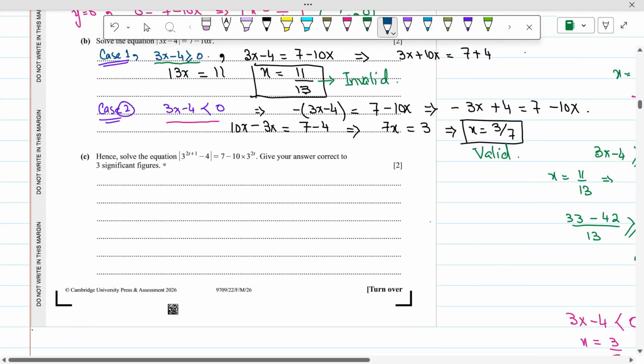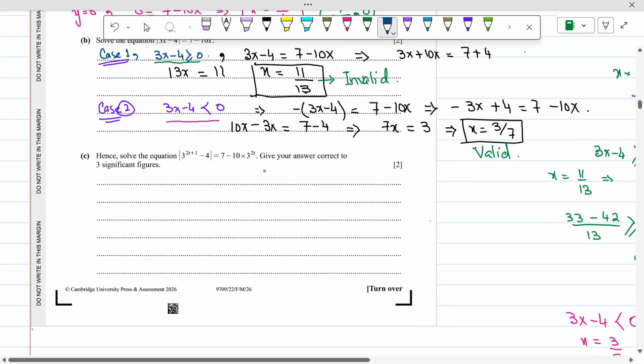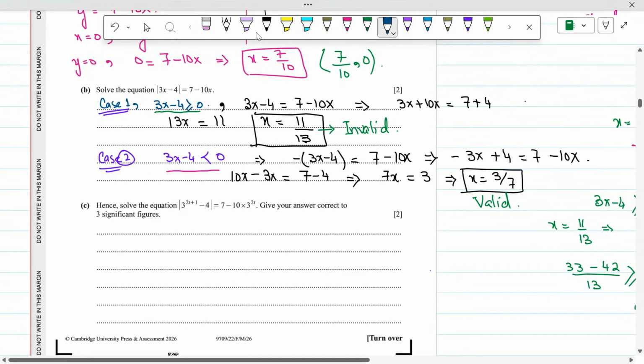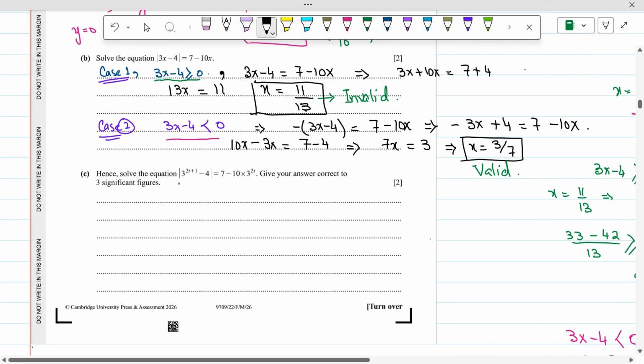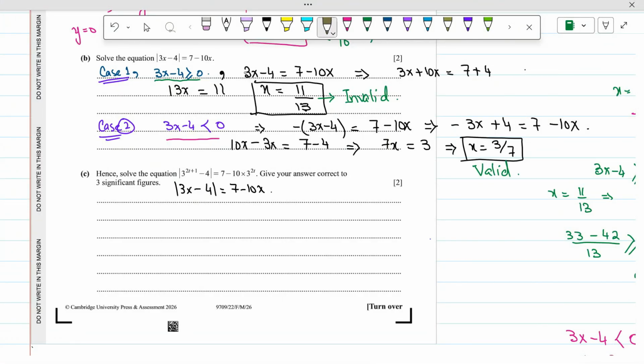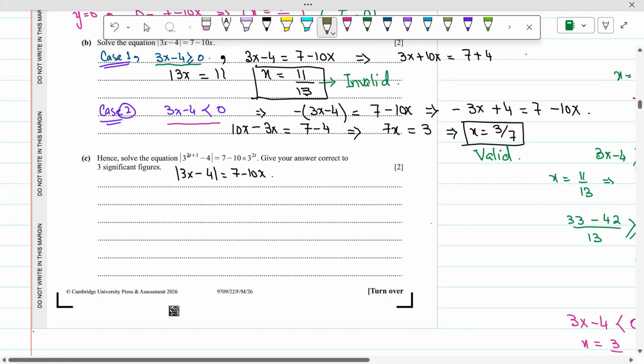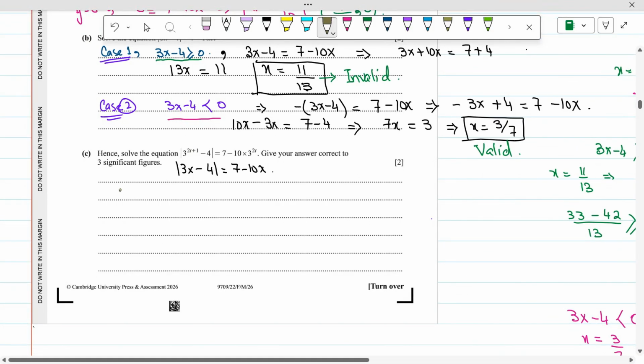Part C. Hence solve the equation absolute value of 3 to the power of 2t plus 1 minus 4 is equal to 7 minus 10 times 3 to the power of 2t. Give your answer correct to 3 significant figures. When we compare this equation with the equation of part B, which is absolute value of 3x minus 4 is equal to 7 minus 10x, you can see that 3 to the power of 2t plus 1 can be written as 3 times 3 to the power of 2t.